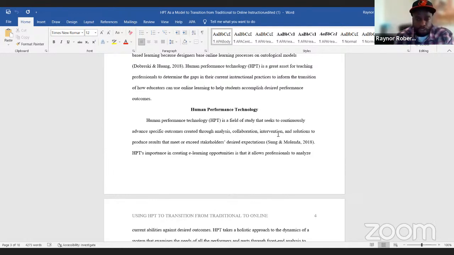So sometimes you would see the in-text citation in the first or second half of the sentence.